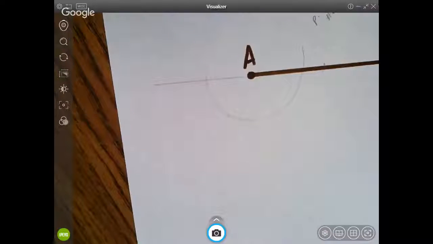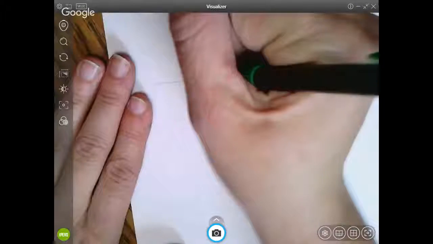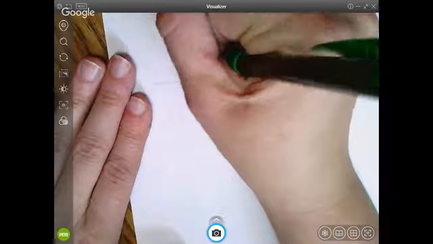So all I did was an arc around A, a semicircle that's at least 180 degrees. These 2 points are my A money points.